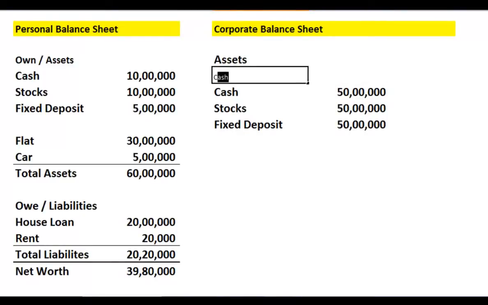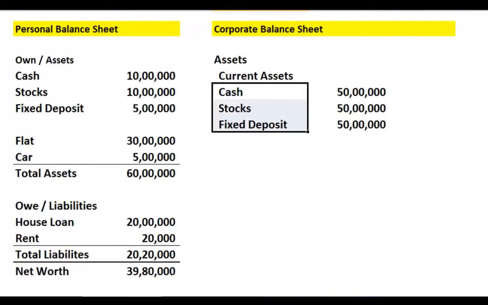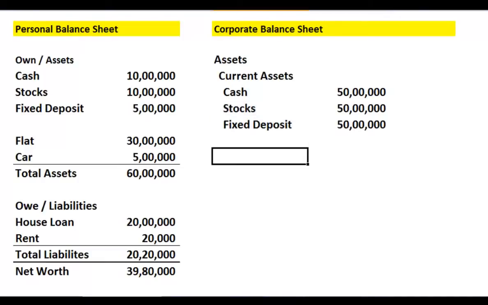Such assets are called current assets. These are the current assets of a company. Current assets are nothing but assets that are liquid in nature, either cash or cash equivalents like stocks or fixed deposit that can be sold immediately.